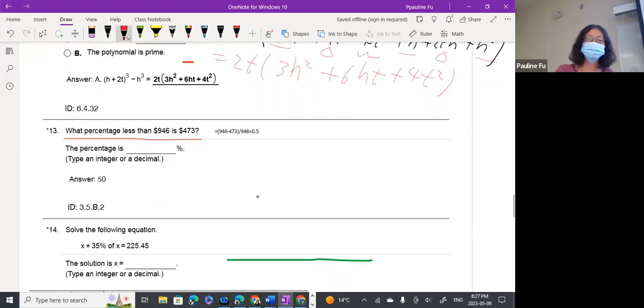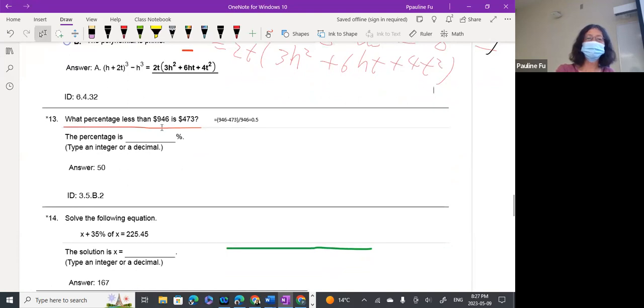Questions? Question 13, remember we did an example. Question 13: what percentage less than 946 is 473? We did this example.